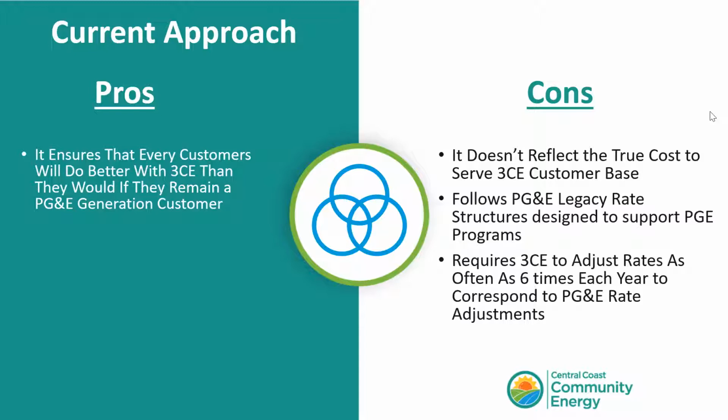Additionally, following that model, it required 3CE to adjust rates, and it could be as many as 6 times a year, anytime PG&E had a rate adjustment. So we were always in a reactive mode in terms of responding to any changes on the PG&E side.